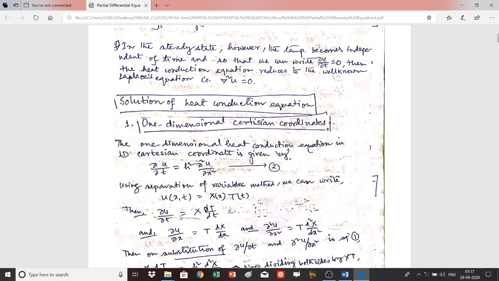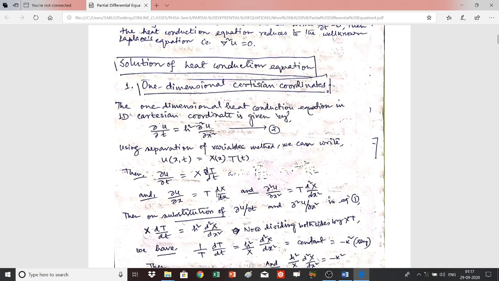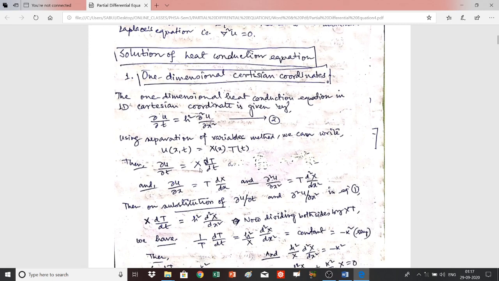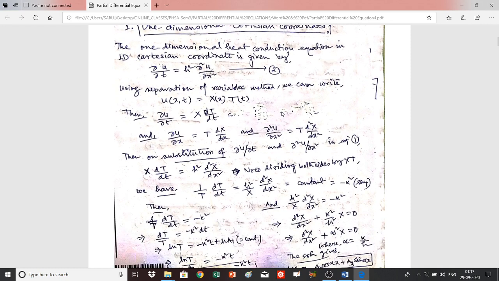From here you can easily understand that del u by del t is equal to X dT by dt, and similarly del u by del x is equal to T dX by dx, and del 2u by del x square is equal to T d2X by dx square. Now substitute these values of del u by del t and del 2u by del x square in equation number 2, because we did it several times in solving different equations in our previous classes.